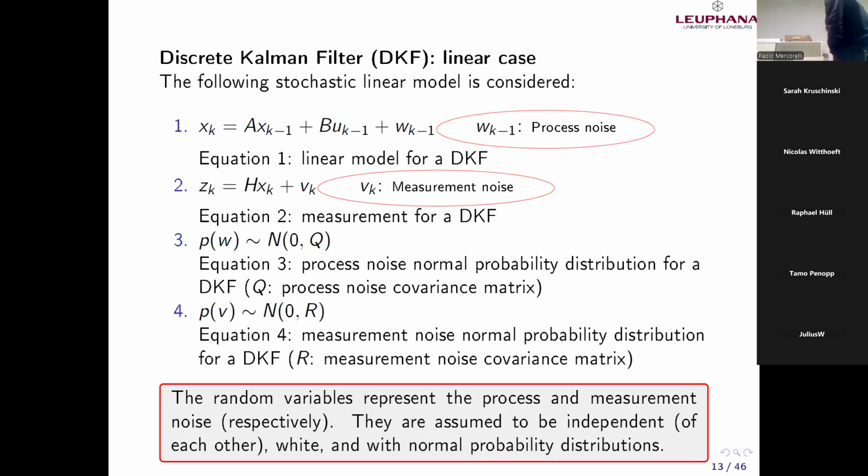Because the hat characterizes the observer. Remember, in the first lecture, the Luenberger observer was characterized by a hat. An approximation, characterized as an approximation. Here it seems that this equation 1 is the true one. It is the true of the Kalman filter, in the sense that what I know of the system is characterized until here, without considering this noise.